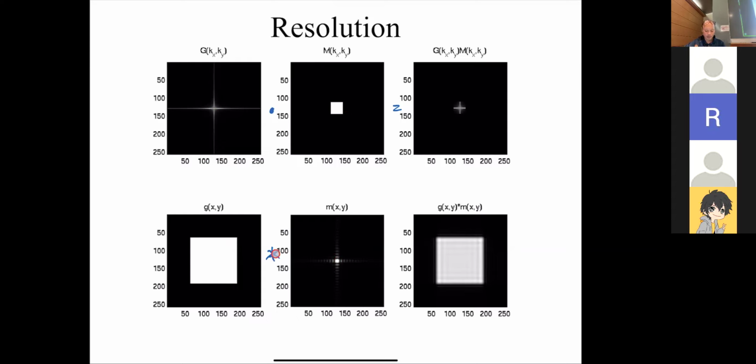Every voxel is going to be blurred out into a sinc function, so I end up with a blurred version of my image. That makes sense, because we're losing the higher points in K space, so we're losing detail.